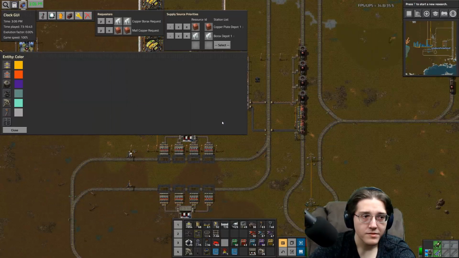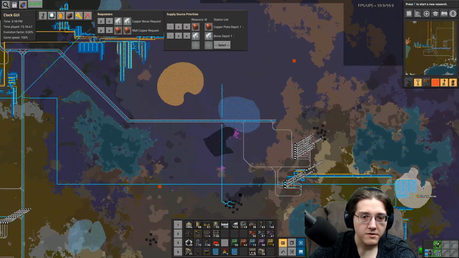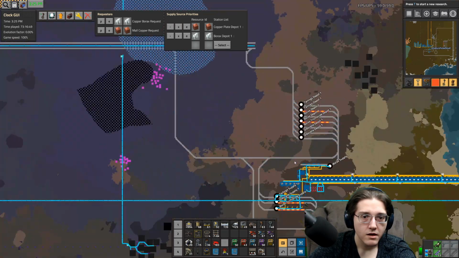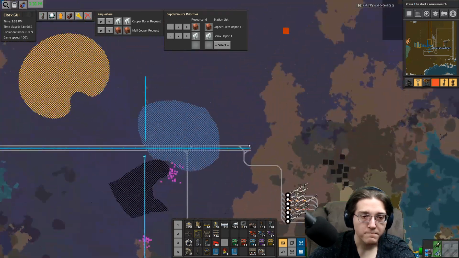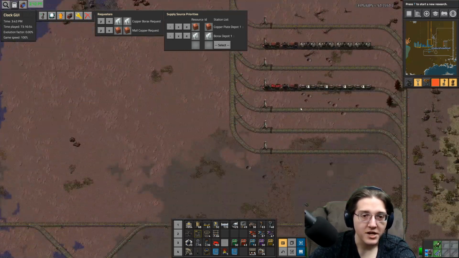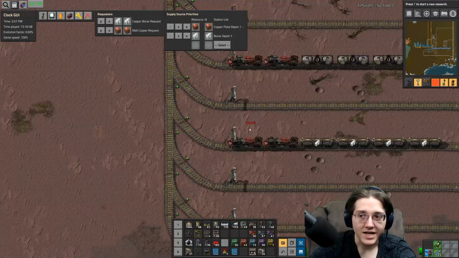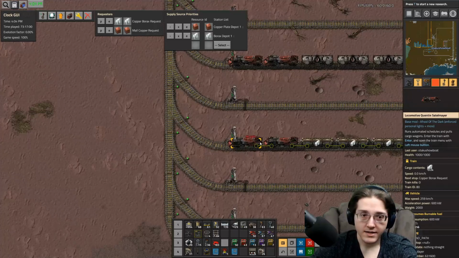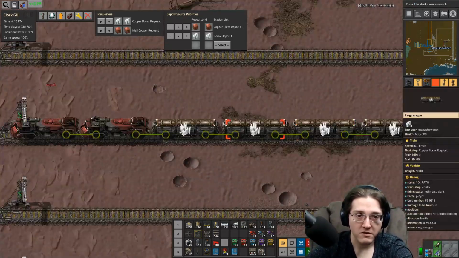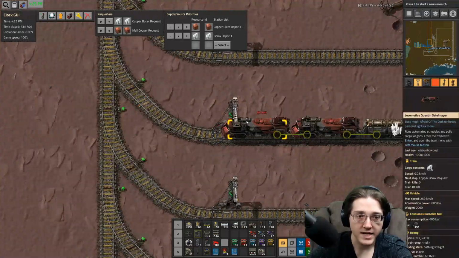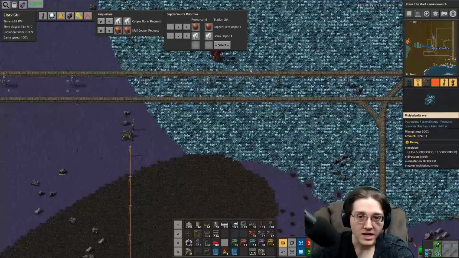Now, if I get out of the way, and I look at the map... No path. Okay. At least now I know that it is trying to request this locomotive, this train with the stacked borax in it. But it's saying no path. Now, why is that?